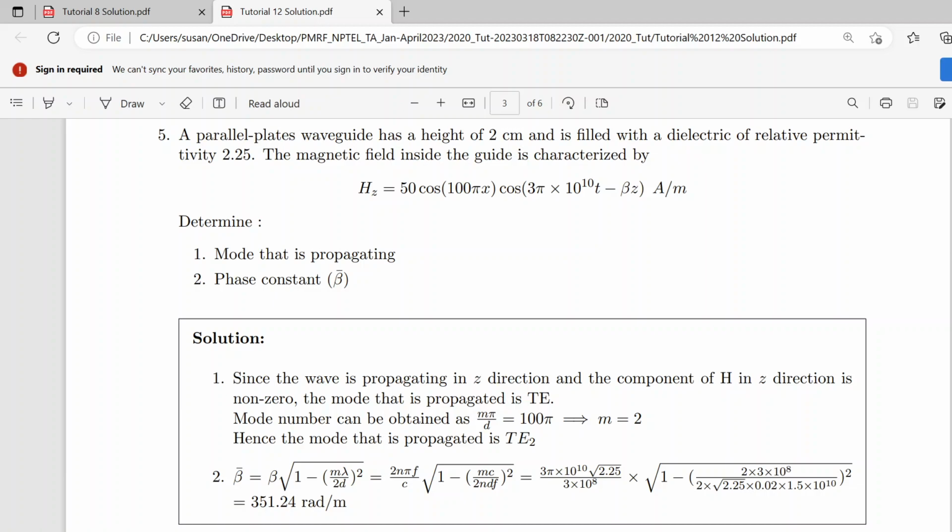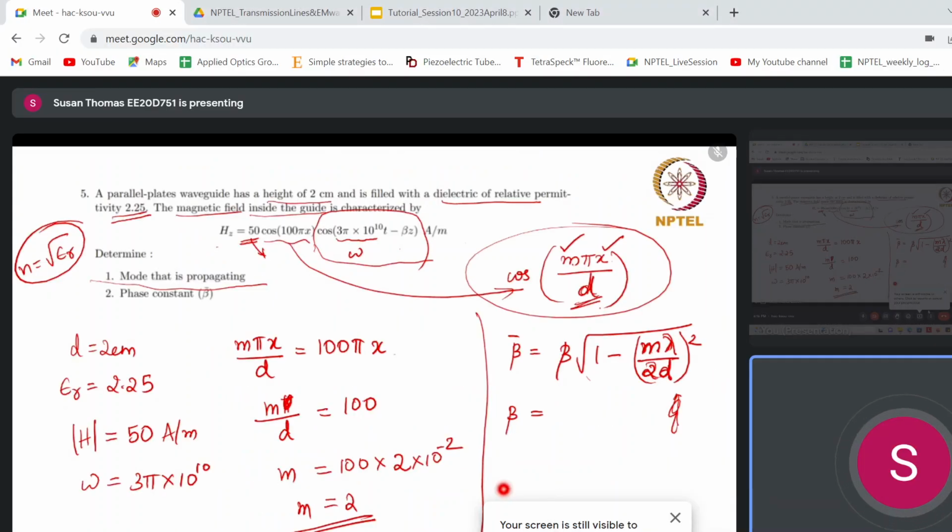That's how we get c by n in this expression. Beta is basically 2 pi by lambda, and we can replace lambda as velocity v by f.